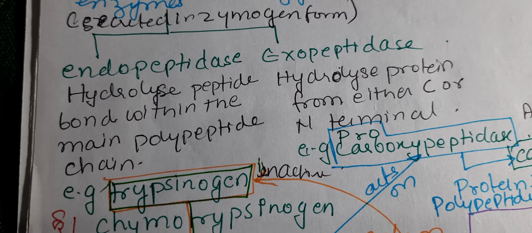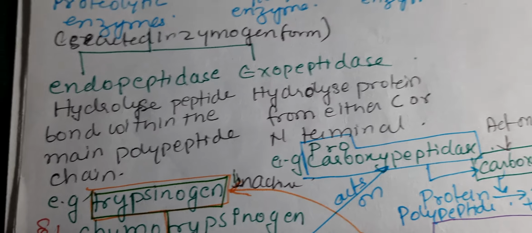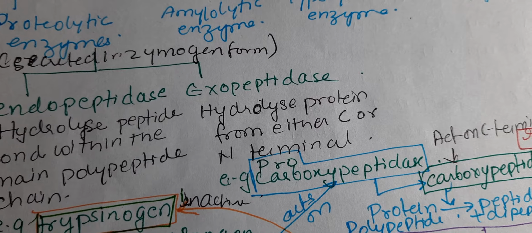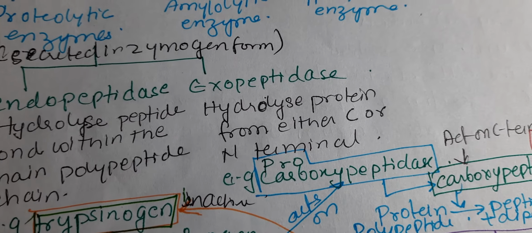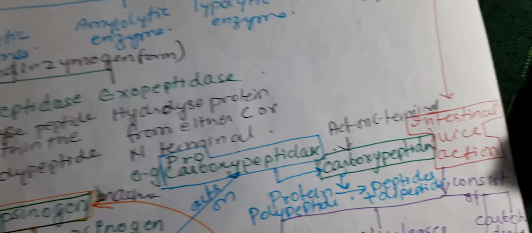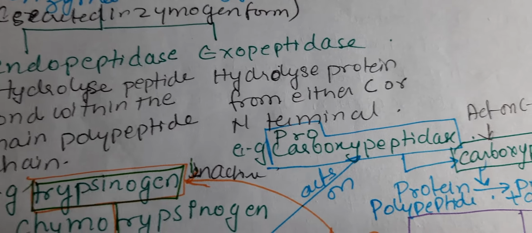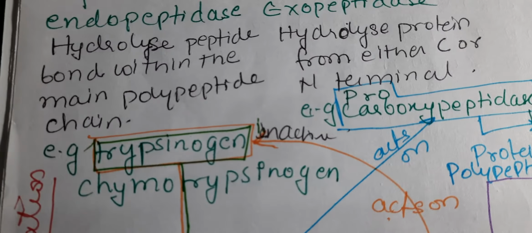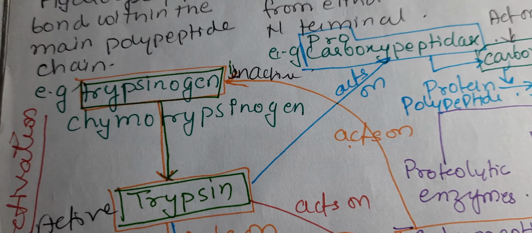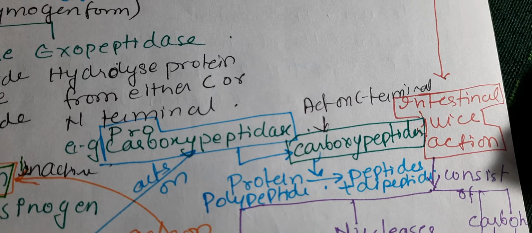The endopeptidase hydrolyzes the peptide bond within the main peptide chain, whereas the exopeptidase hydrolyzes the protein from either the C or N terminal, slowly releasing either dipeptide or single amino acid from the terminal ends of the protein. Okay, so the endopeptidases are trypsinogen and chymotrypsinogen, which are secreted in the zymogen state, and the exopeptidase is procarboxypeptidase.